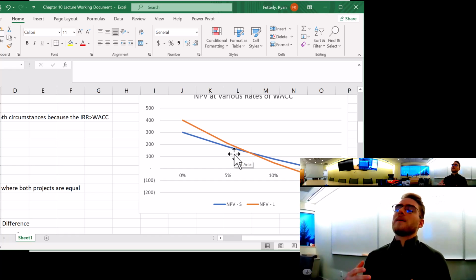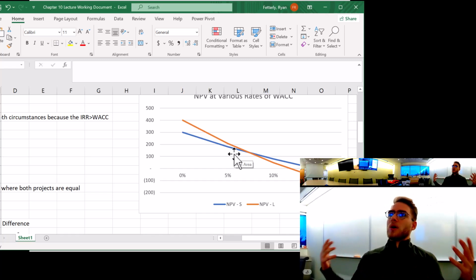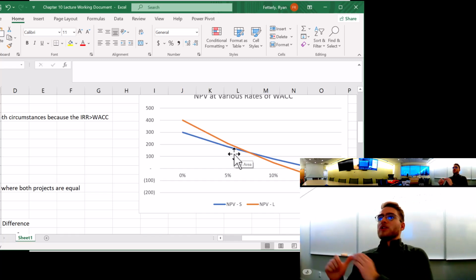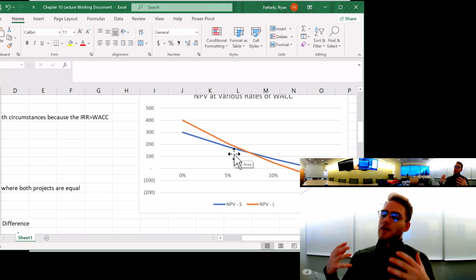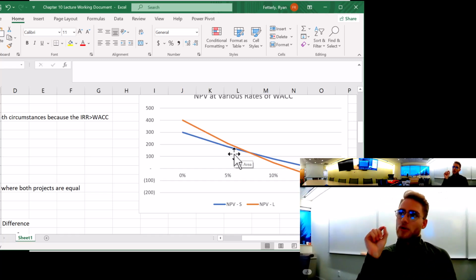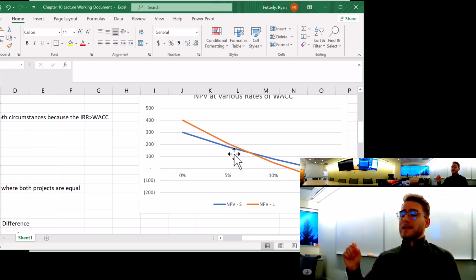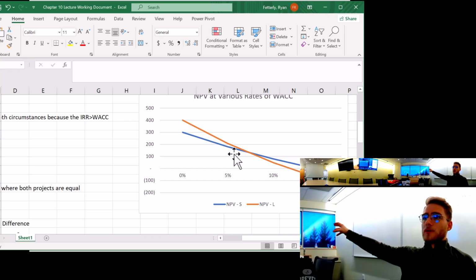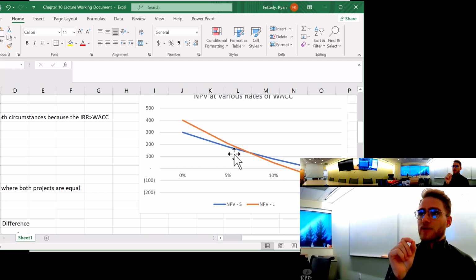But this is important to understand because this is where we get into the concept of hurdle rates, right? You set a rate for the firm, whether it be 12%, 10%, 5%, right? And you have to understand that the rate that you pick to discount your projects will drive the projects that you pick, right? If you pick a high discount rate, you're not going to pick projects that have big long-term cash flows. You're going to pick the safe projects with short-term high cash flows.